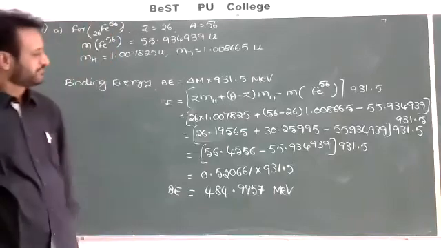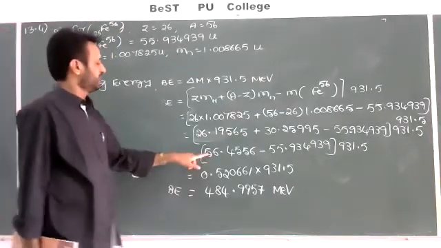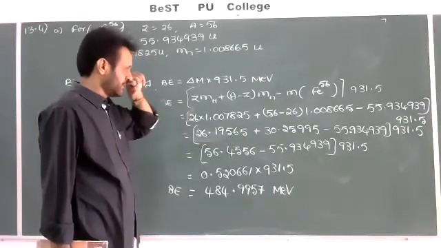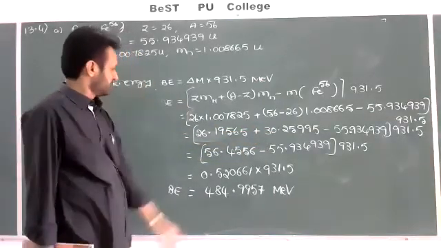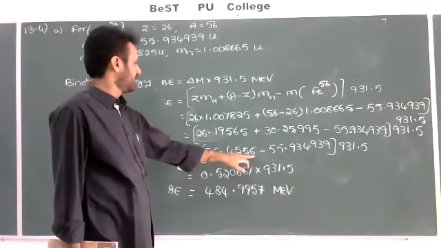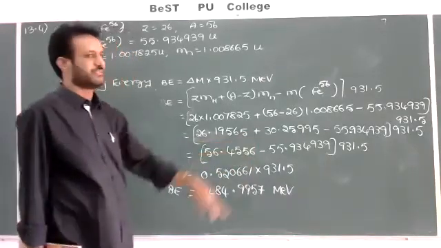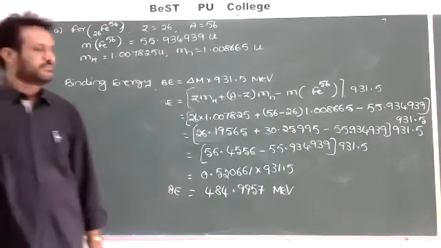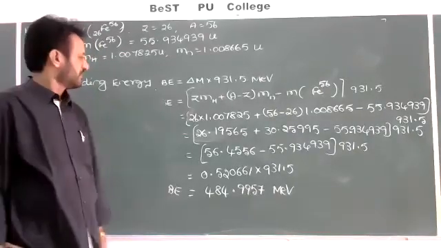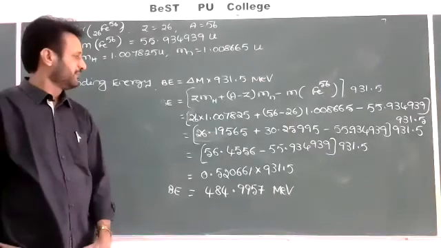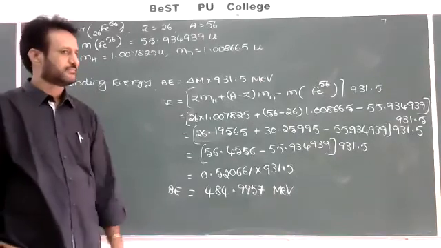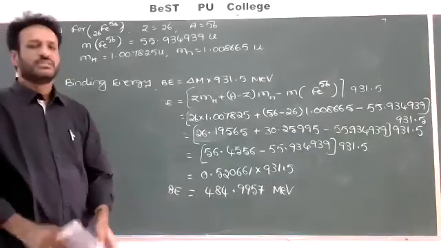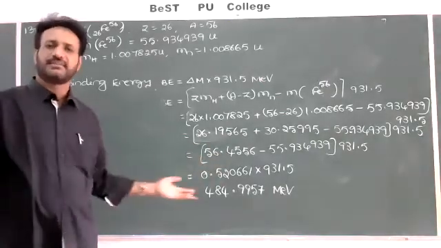So this value, 56.4556, is the sum of these two numbers; there are digits beyond the fourth, fifth or sixth, but that's only it. So if you want it per nucleon, divide the value by 56.